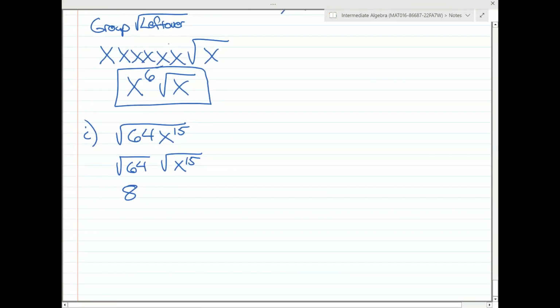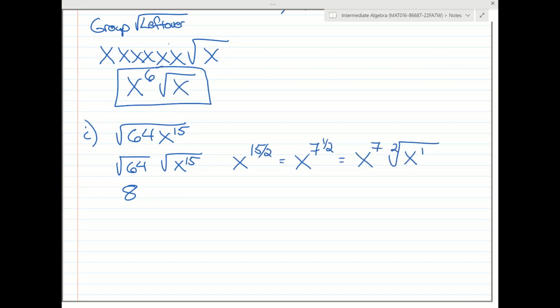But we could just say this is the same thing as x to the 15 over 2, which is 7 1/2, or x to the 7th times the square root of x to the 1st. So if you can remember that rule and put the numbers where they're supposed to go, it'll make things a lot easier. Does that make more sense now?